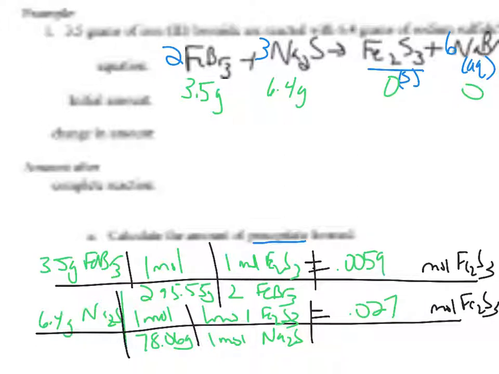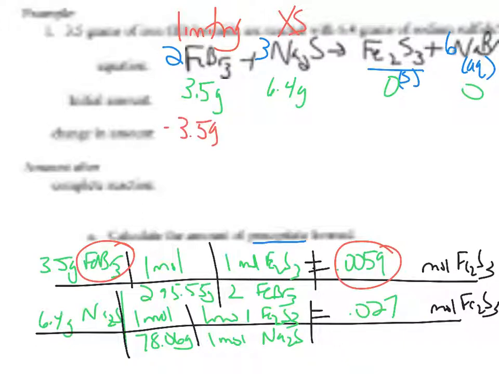When I have these two mole values, you'll see that the moles from the FeBr3 are less than the moles from the Na2S. So this tells us that this is our limiting reagent. Notice I'm going to the top to circle it, and this is our excess. So what that tells us is all of this is going to be used up. After the reaction, there will be no more FeBr3.